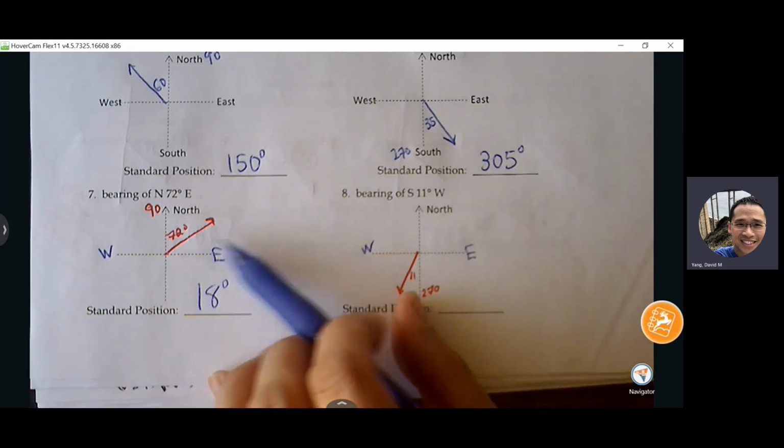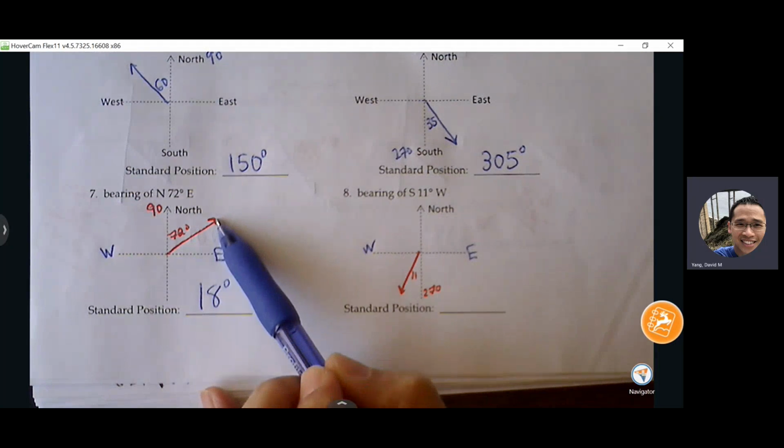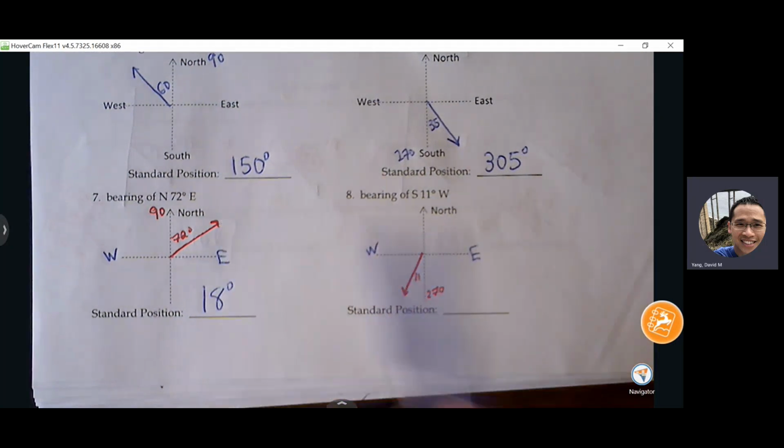If I'm going east, I have to go right. If I go right, I'm going to end up in the first quadrant. The only way I'm going to get a first quadrant degree measure is if I do 90 minus 72. So depending on whichever quadrant you know you're going to be in, just make sure whatever answer you get lies in the quadrant that you want it to be in.